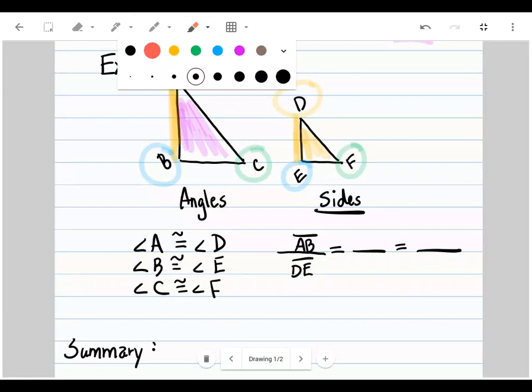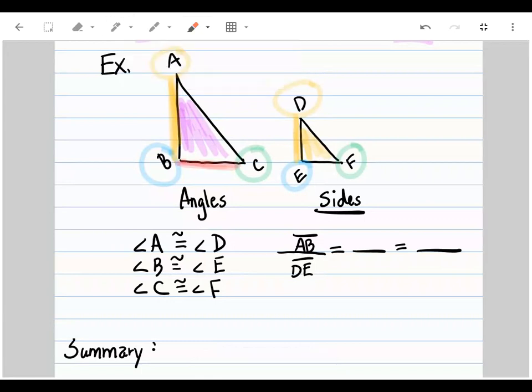Okay, so if I take a look now at side BC right here, it corresponds to side EF. So that'll be my next ratio. The ratio of AB to DE should be equal to side BC to EF.